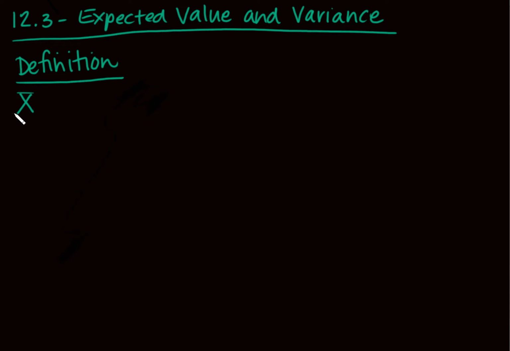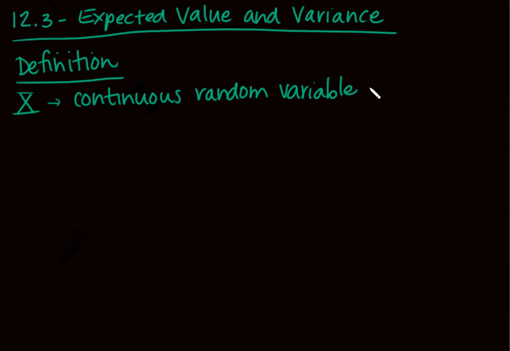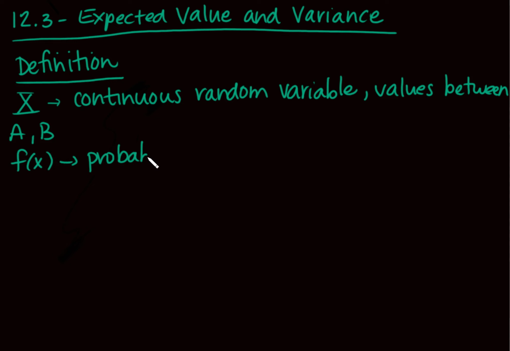Let X be a continuous random variable, which is different from discrete, and it can take on values between, let's say, capital A and B. Then let little f of x be this random variable's probability density function, which is what we talked about in 12.2.